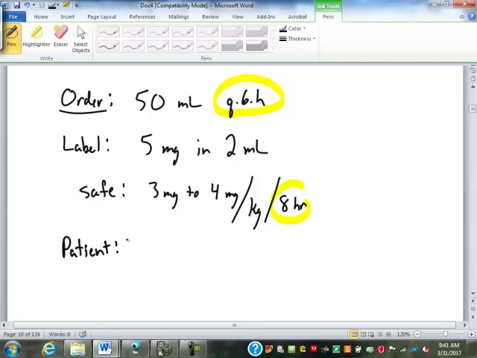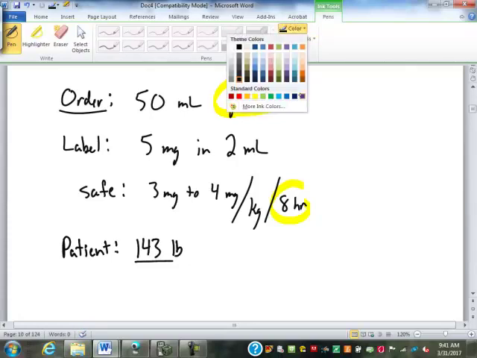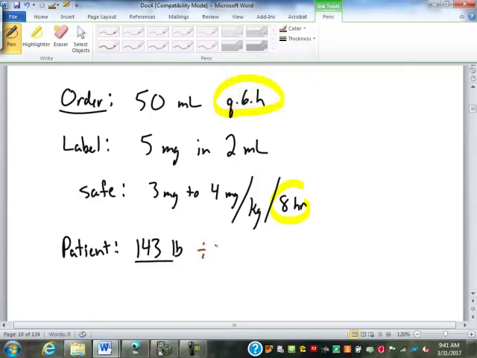So our patient is 143 pounds. So we'll start out by dividing by 2.2 to get, is that 65 kilogram? So there we are, 65 kilograms.